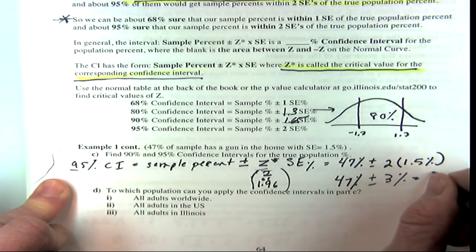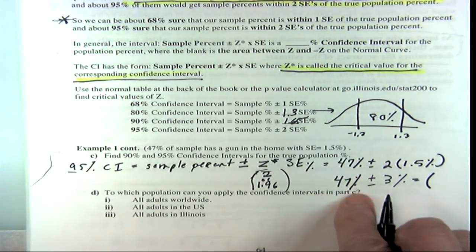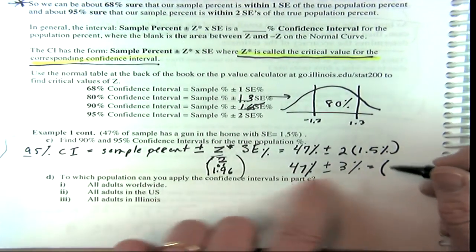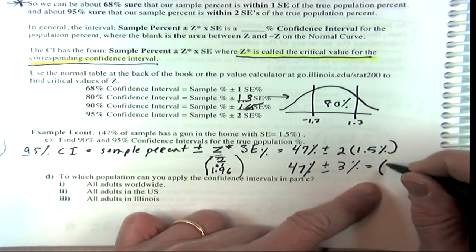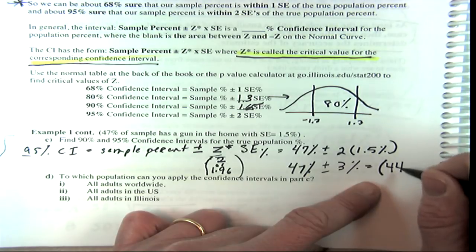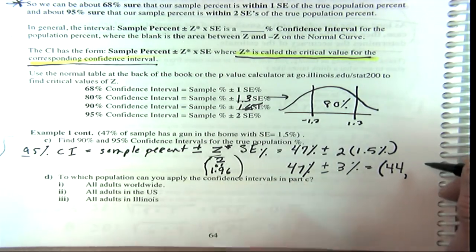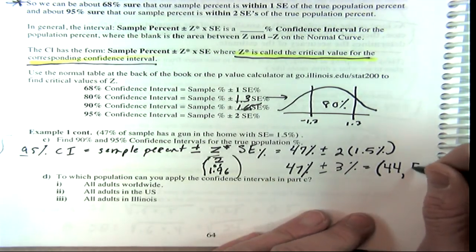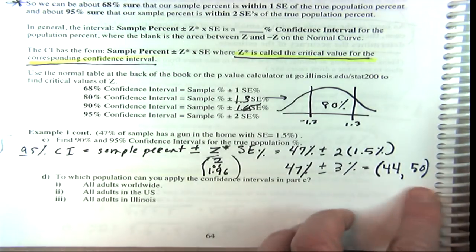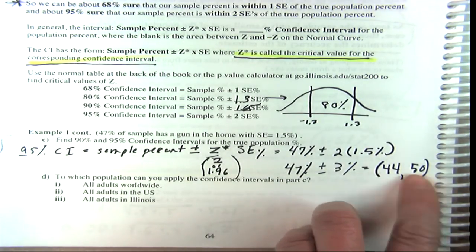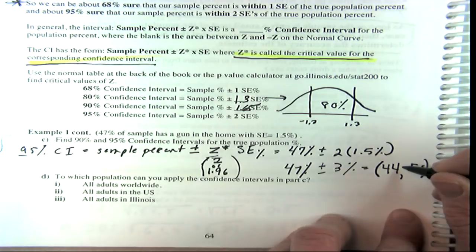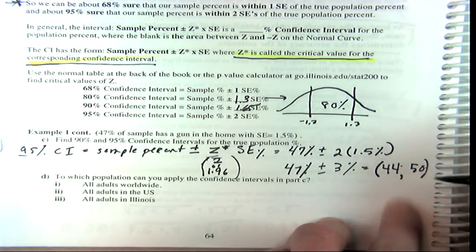And so that would be our lower limit. What do I mean by this? I say you put your lower limit first, and you're going to have to do this on your homework. So your lower limit is 47 minus 3, so that's 44, and your upper will be 50. So that's your confidence interval, the lower first, and these are percents because we're doing a percent problem.